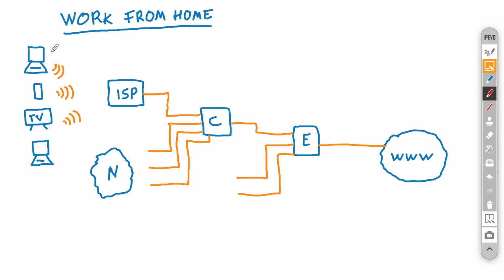And the more of these home devices you have, the harder it will be for the ISP router to cope, right? It is not made to prioritize, it is not made to understand which devices are business critical and which not. So this is the first point of contention.